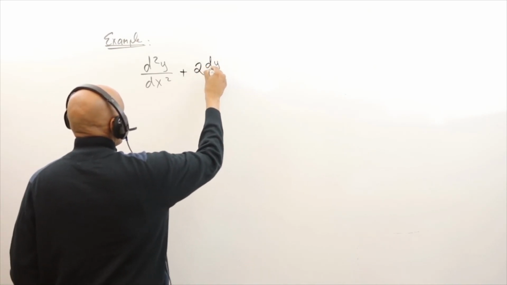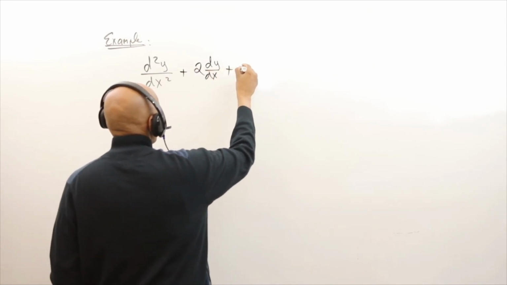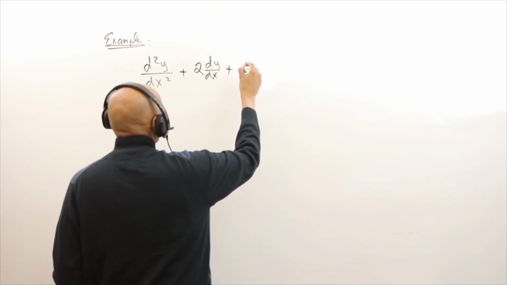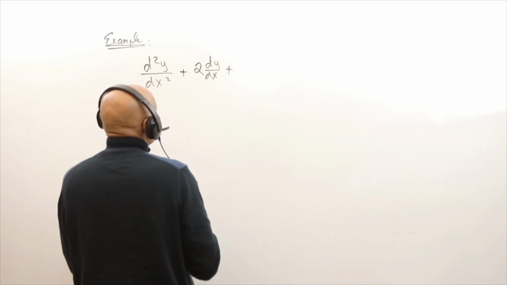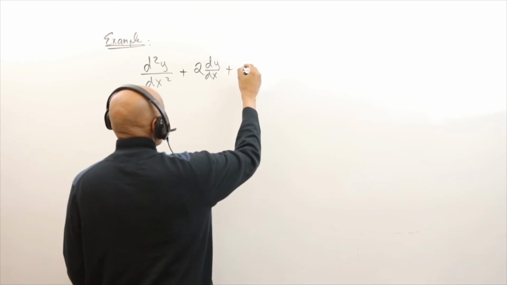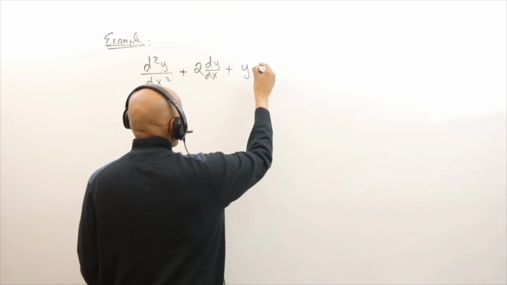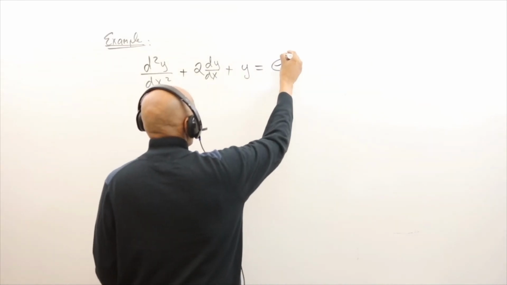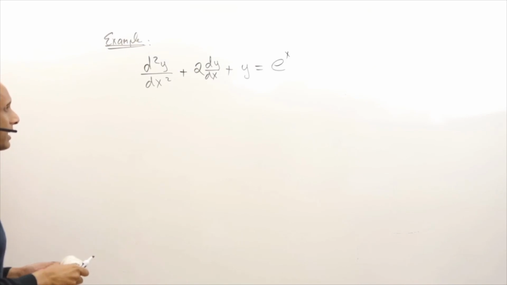Anyway, let's go back to here: d squared y over dx squared, and I'll put this as plus 2 dy/dx plus y. So it looks similar to the last one, but I was thinking of another constant, but that's fine. Actually, let's do something a little more complicated.